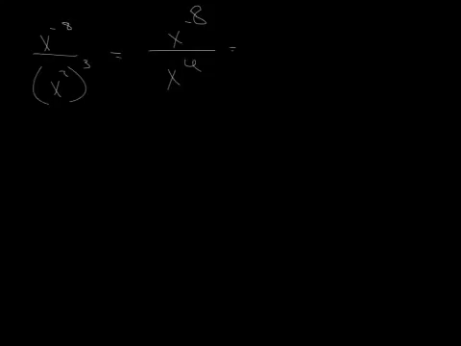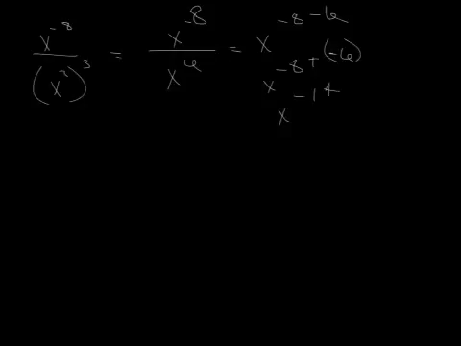Now we can write this as x to the negative 8 minus 6, or x to the minus 8 plus negative 6, if it helps to add a negative instead of just subtract. So x to the negative 14 would be our answer there.